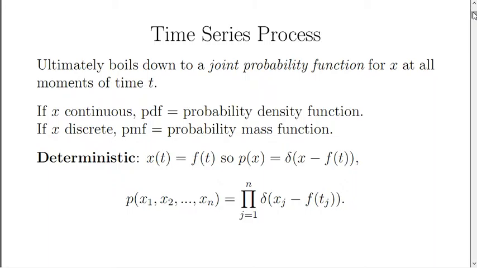So the probability function is a delta function of x minus that function of time. And the joint probability function for all the values of a deterministic process is the product of the individual probability functions. I just wanted to remind you of that so it could burn into your brain.